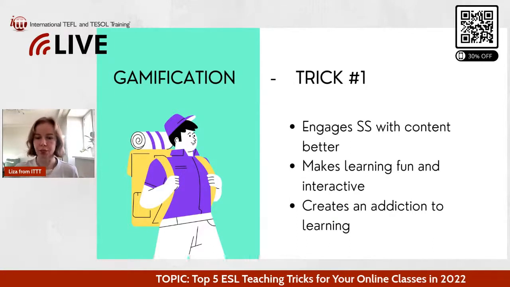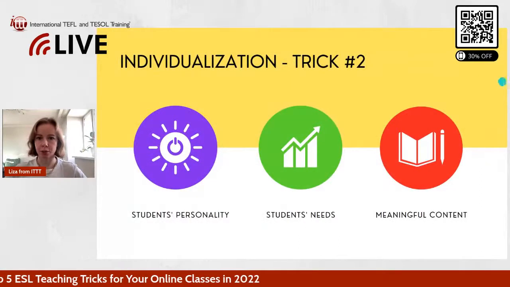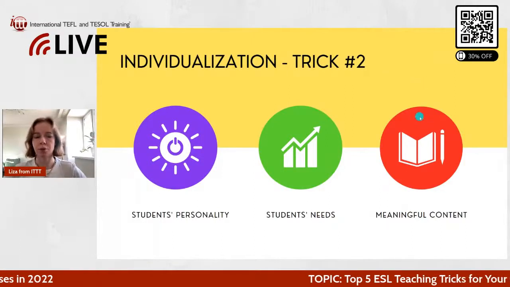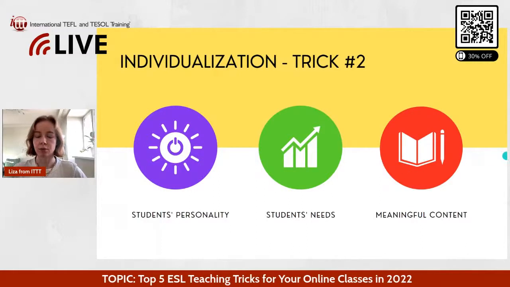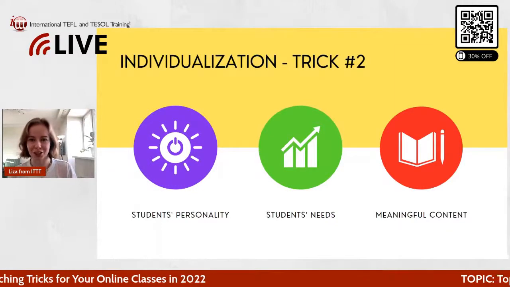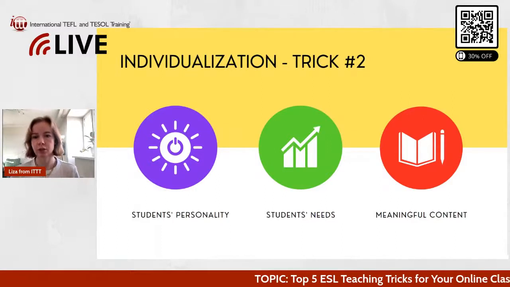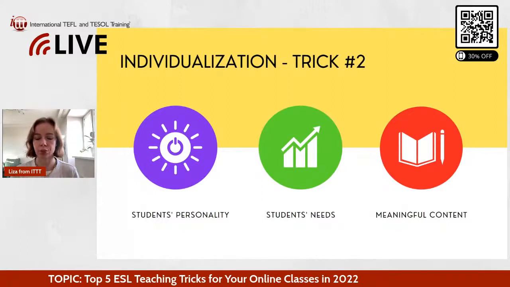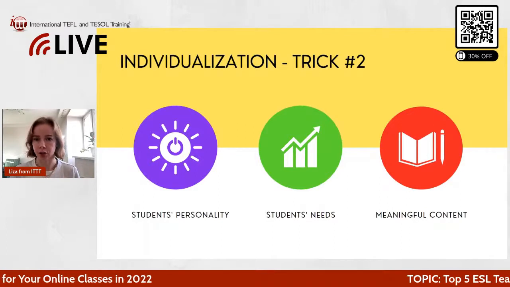So yeah, just something. And I'm moving on to the next point, which is the second trick, in my opinion, that is also extremely important in online teaching. It is individualization. You want to make sure as a teacher that you deliver classes that are pretty individual, that are pretty straightforward for your English students.